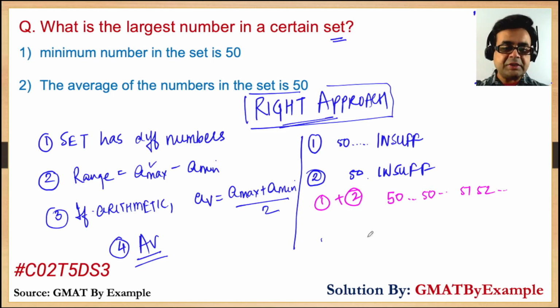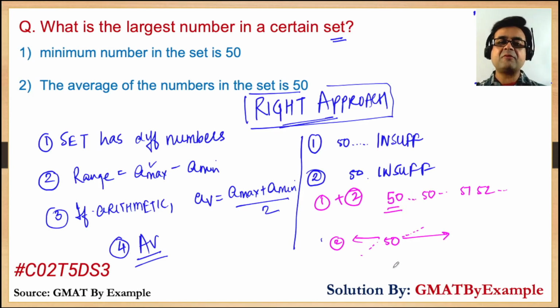So if I take statement 2, some quantities are less than 50 and others are more than 50 to give 50 as the average, or all quantities are equal. If I combine these two statements, the minimum value is 50. That means there is no value less than 50 in the series. So the pathway with some values less than 50 is not even possible.